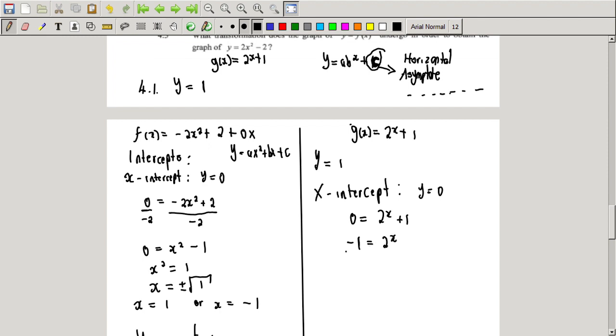So you see that -1 cannot be equivalent to 2^x, so this cannot be. So we do not have an x-intercept.